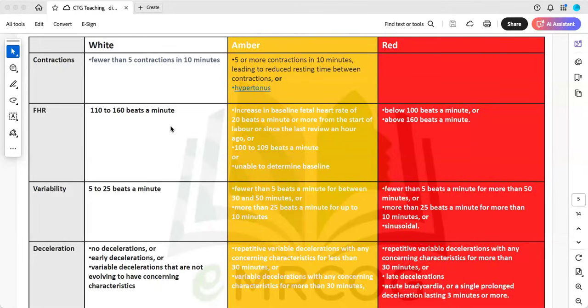But reduced variability, as I told you, if it is for a short period, less than 30 minutes, can represent a fetal sleeping cycle, which is something completely normal. So that's why we are not concerned if it is up to 30 minutes. But once it's between 30 to 50 minutes, I will be a little bit concerned, right?